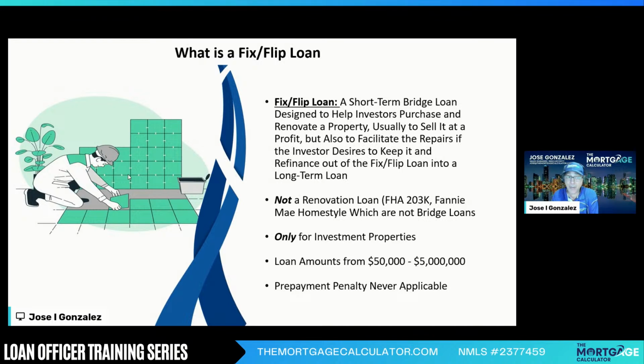Now, what is an early payoff default? That is when the borrower pays the loan off before the early payoff period is expired, and that can be a big issue for mortgage loan originators out there, because if you finance what will be a flip with a regular non-flip loan, and the borrower uses the money to do the repairs and then turns around and sells the property 3 months later, guess what?